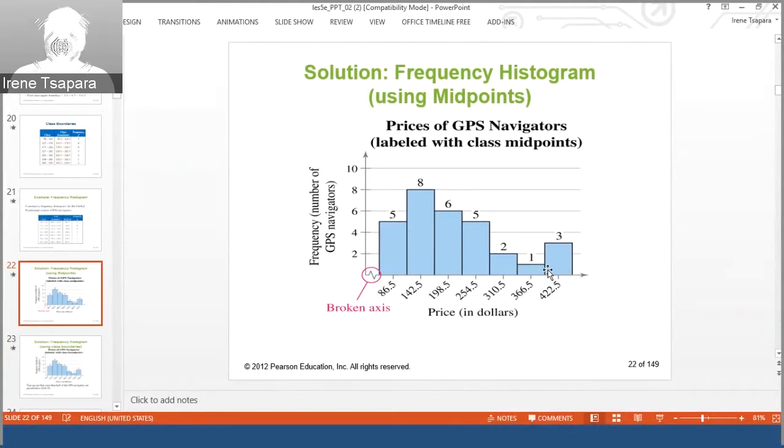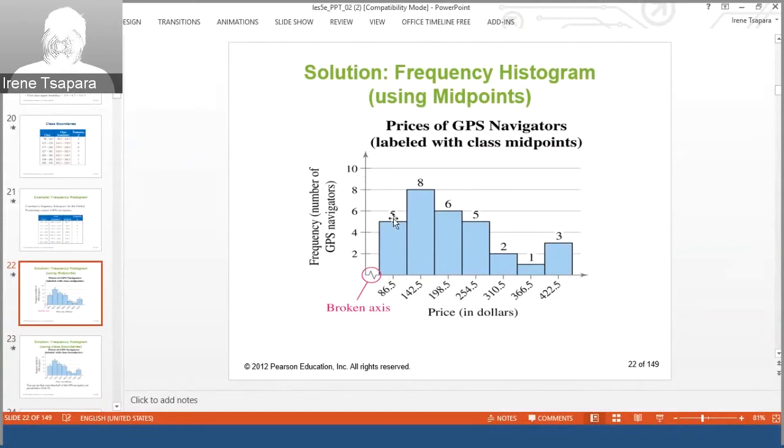This is what the frequency histogram is. Now, for those of you that have some knowledge, if instead of having the frequency number of GPS navigators here, you had the relative frequency, then instead of from 0 to 10, the y-axis would be from 0 to 1.